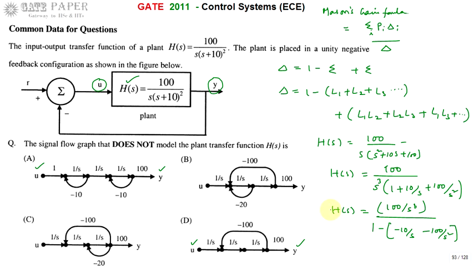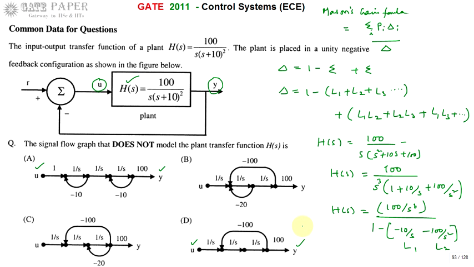Now this shows that H(s) consists of at least two loops, which may be independent or not depending on the gains. One is loop 1, the other is loop 2. Whether they are independent or not, we are not bothering right now, because the gain gives that information.